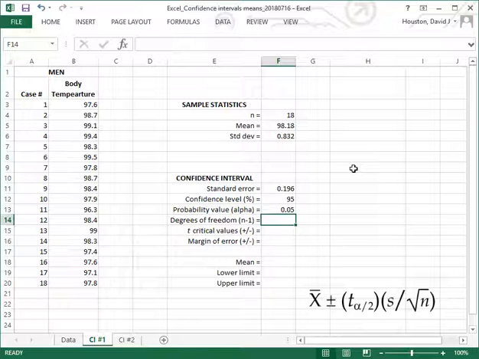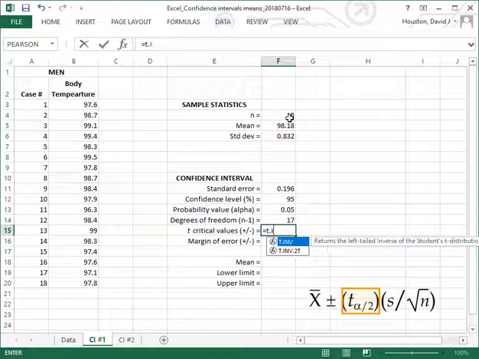The degrees of freedom is going to be merely our sample size minus 1 for this one sample mean, so 17 degrees of freedom. And to find the critical values, we're going to use the t.inverse.2t function in Excel. The 2t indicates it's two tails, so we don't need to divide our probability value by 2.